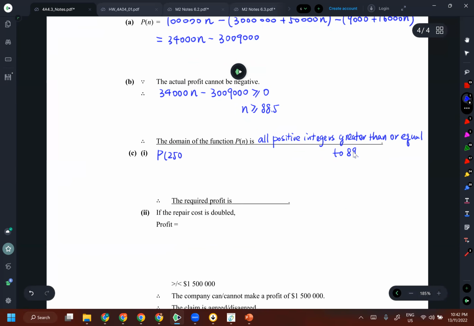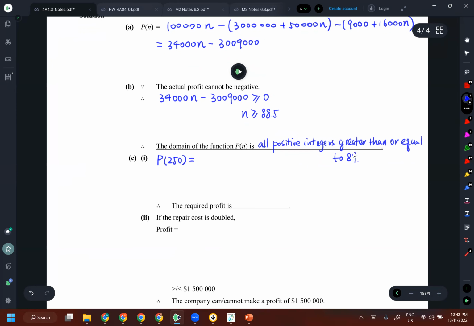Profit of 250 equals 34,000 times 250 minus $3,009,000 equals $5,491,000. You do not write dollars there. The required profit is $5,491,000.